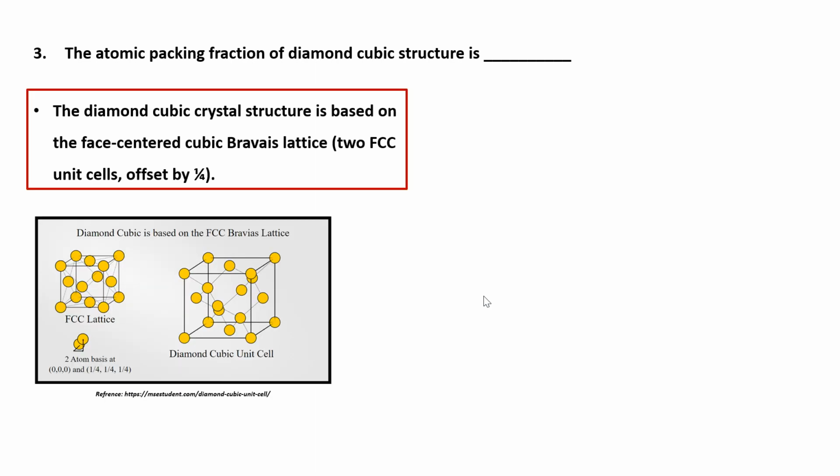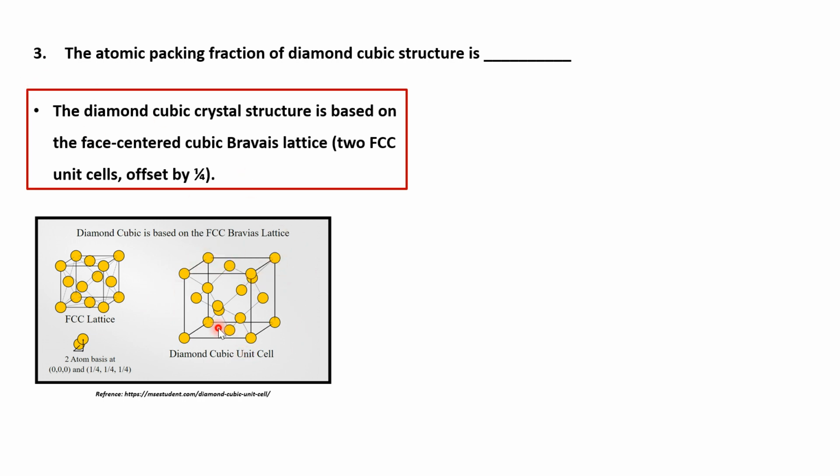So actually, what is a diamond cubic crystal? A diamond cubic crystal is based on the face centered cubic lattice. If you see carefully here, this is basically an FCC lattice. Like this is one face, we have one atom at the center. This is another face, there is one central atom again, and the third face, fourth face, and all six faces will have a central atom as well as corner atoms.